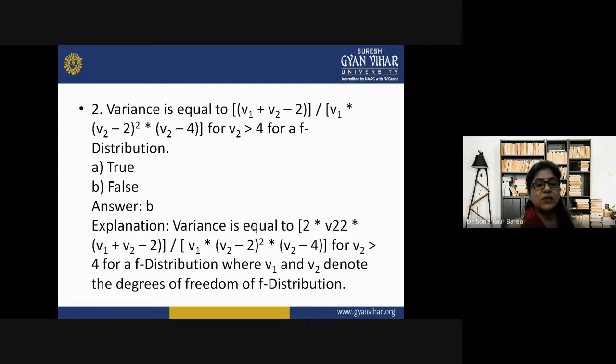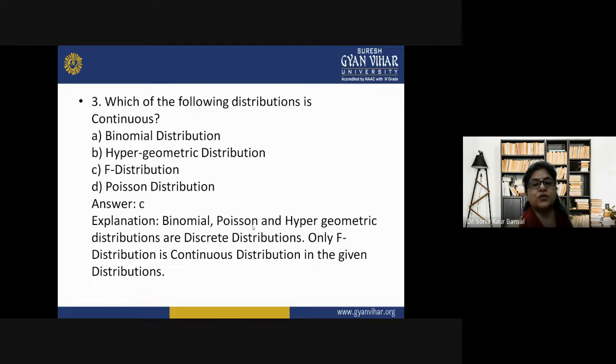The correct answer is false, because the variance is equal to 2 times V2 squared times (V1 plus V2 minus 2), over V1 times (V2 minus 2) squared times (V2 minus 4). Here V1 and V2 denote the degrees of freedom for the F distribution.